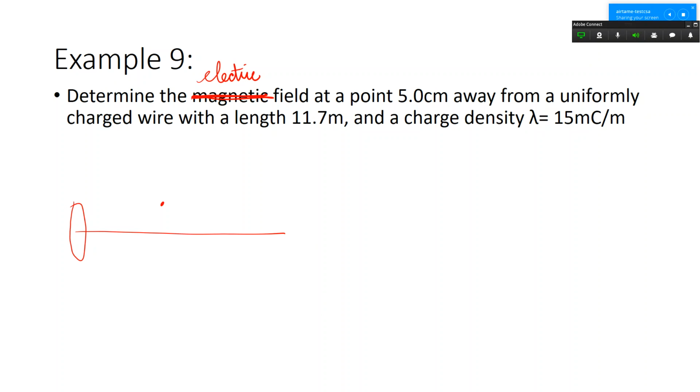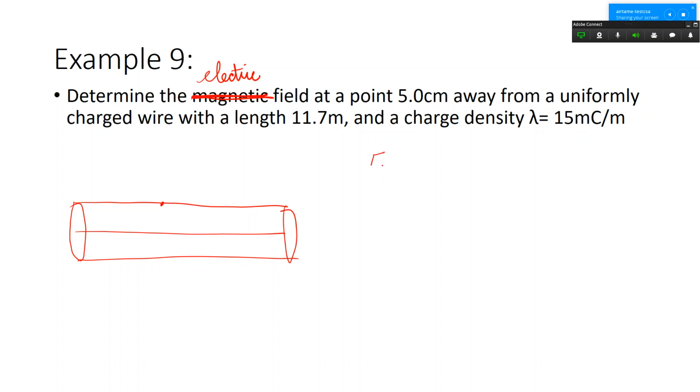So if I chose a Gaussian surface that went through my point as such, I know what the radius of my Gaussian surface is because I chose it to be at 5 centimeters away from my wire. And now I can easily apply Gauss's law.